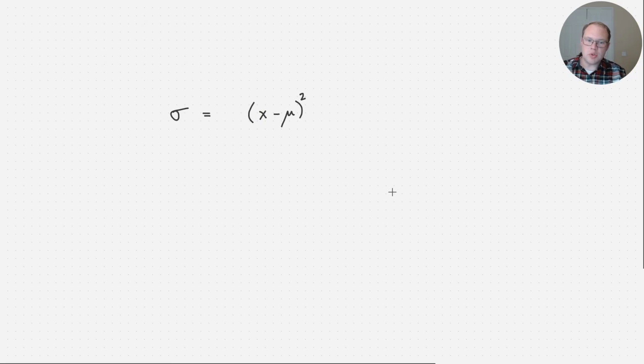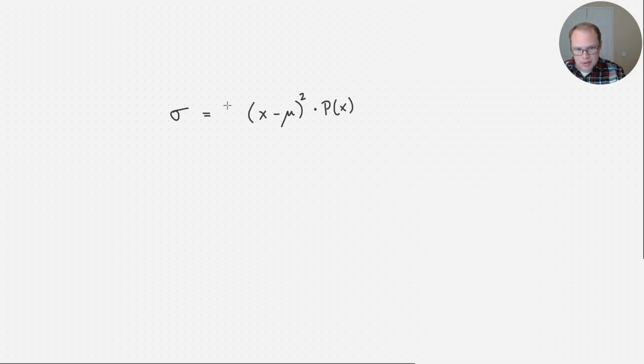We square it, so we really are just looking at the distance and not the direction. We multiply by the probability. This is the part that's different. This is instead of dividing by n. Okay? We multiply by the probability because some outcomes are more likely to happen than others.